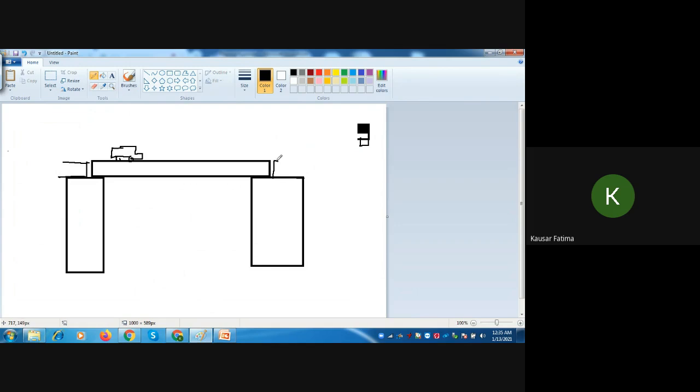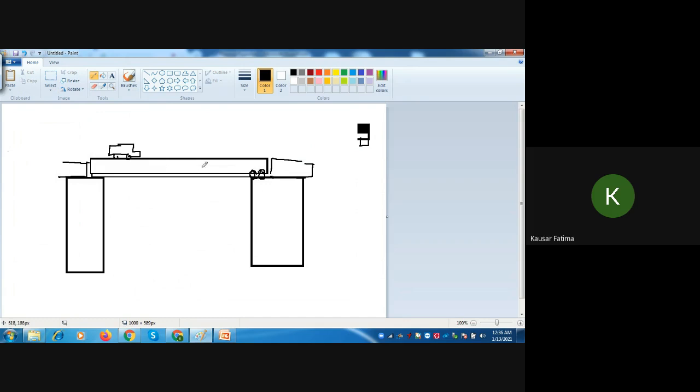We leave some gap for the expansion, so that they can become bigger in size, and we put rollers at the bottom so they can move easily. When they grow in length, they will fill up this gap. Not on both sides: on one side they will be laid on the roller, on the other side directly on the support. These rollers allow them to move. Rolling action always makes movement easy.